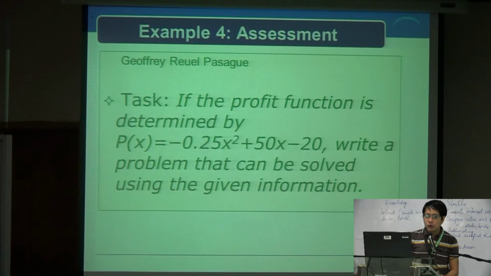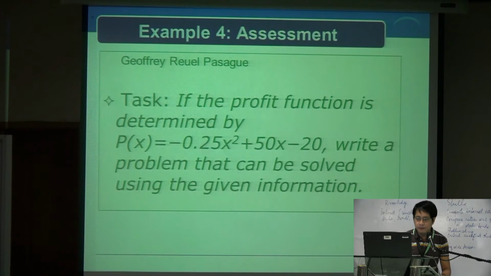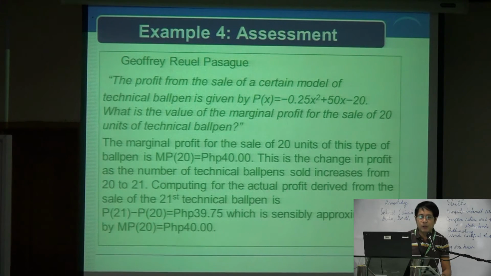If the profit function is determined by P of x, which is negative 0.25x squared plus 80x minus 20, students were required to write a problem that can be solved using the given situation. And one of the respondents gave this posed problem.